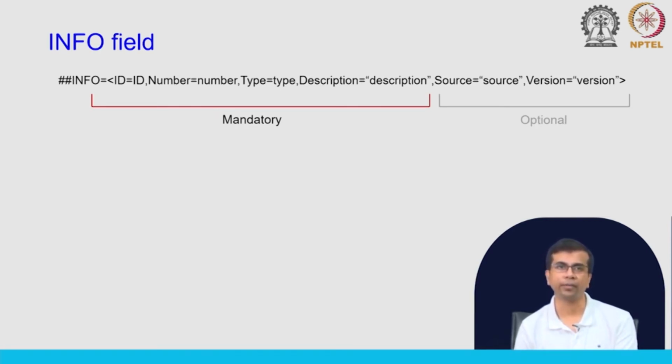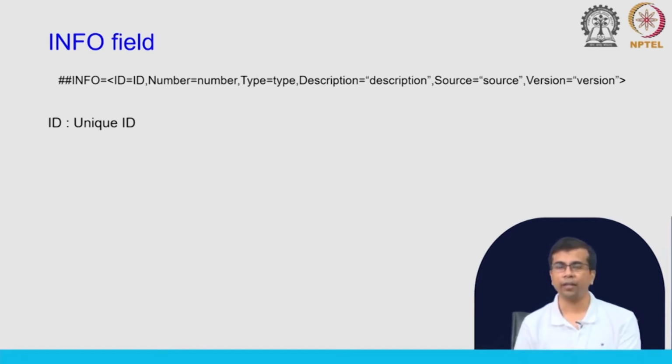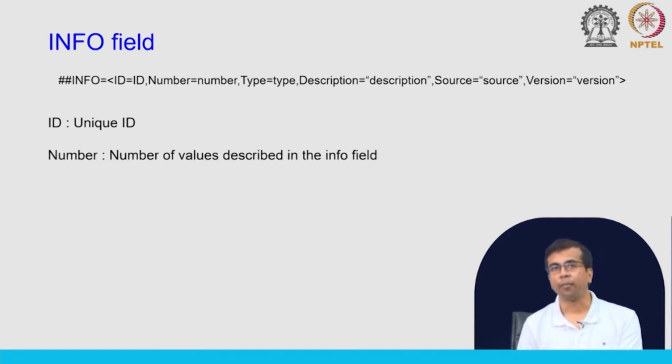The ID is a unique ID; we will see some examples. Then you have the Number, which describes the number of values for each ID that will be present in the INFO field. For each variant, whether you will have one value or two values, this is given here. This helps us in understanding how to parse this file.